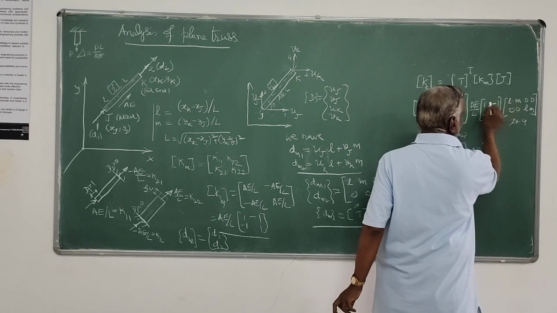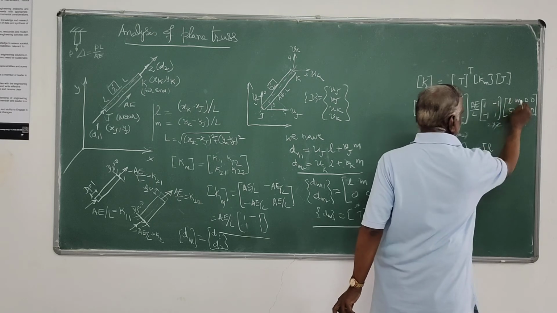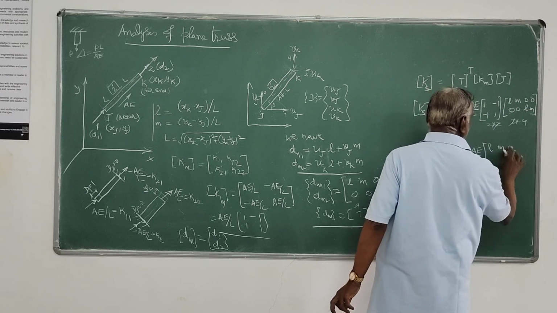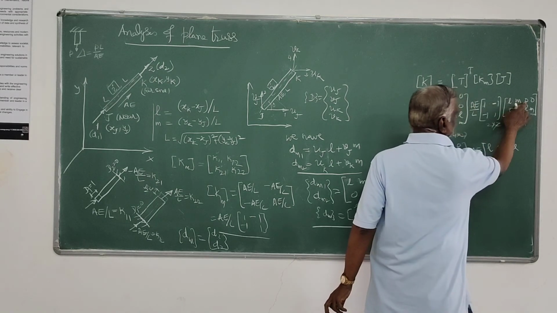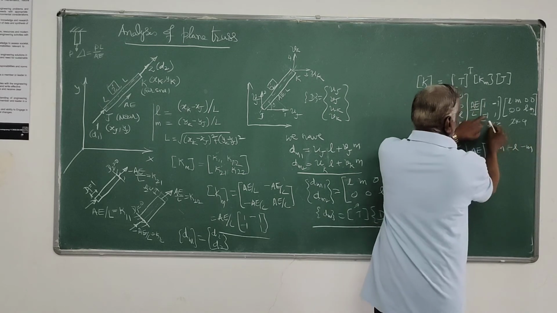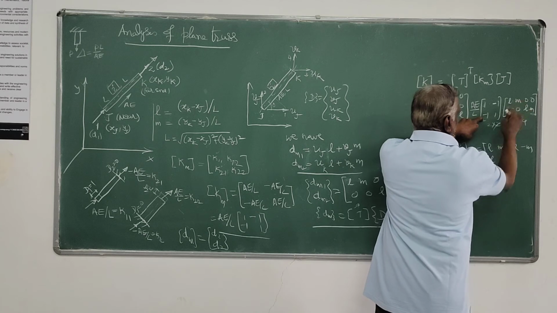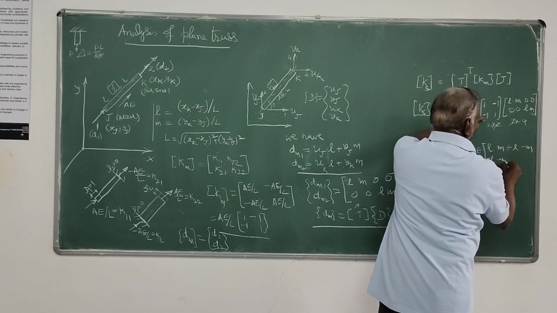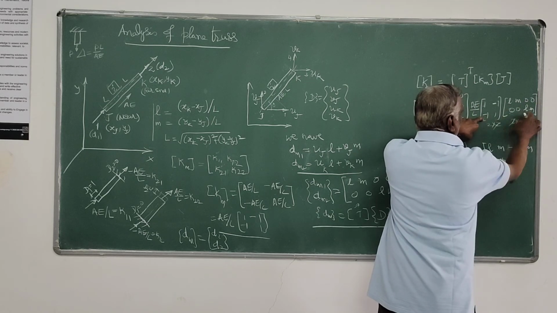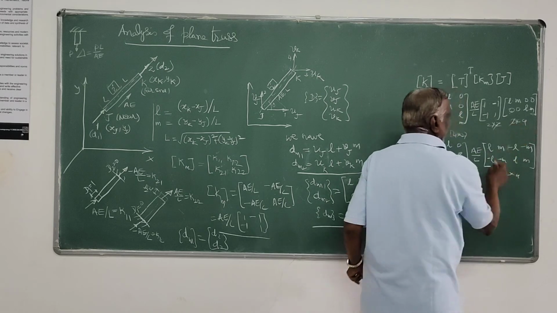So this is L, this is 0, this is M, then 0, minus L, then 0, minus M, then minus L, then 0, then minus M, 0, then 0, L, 0, M. This is the 2 by 4 resulting matrix.